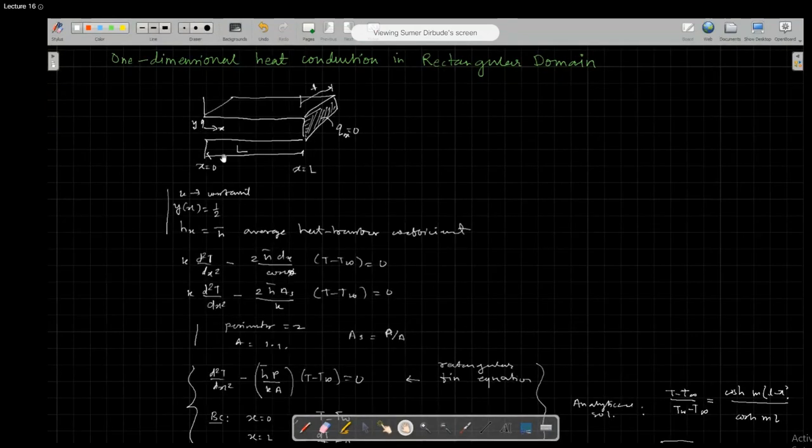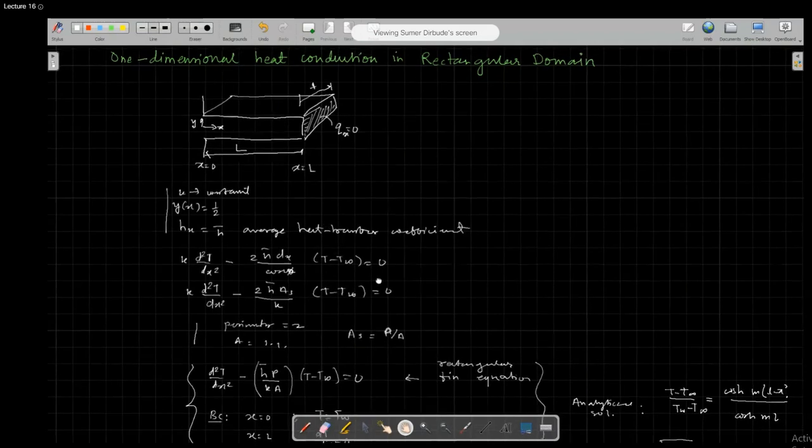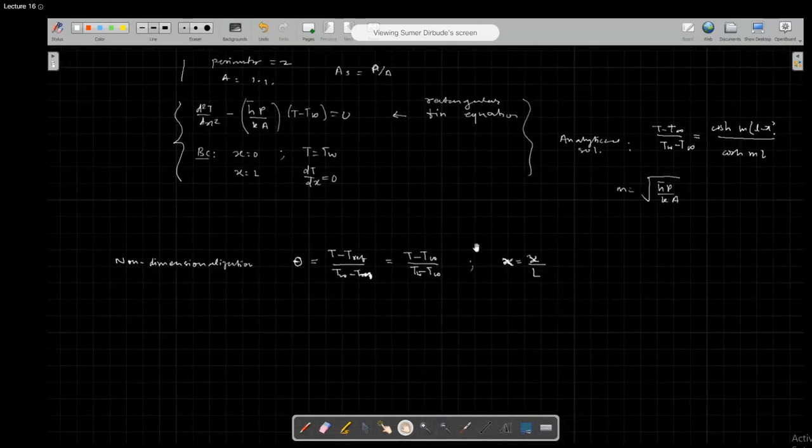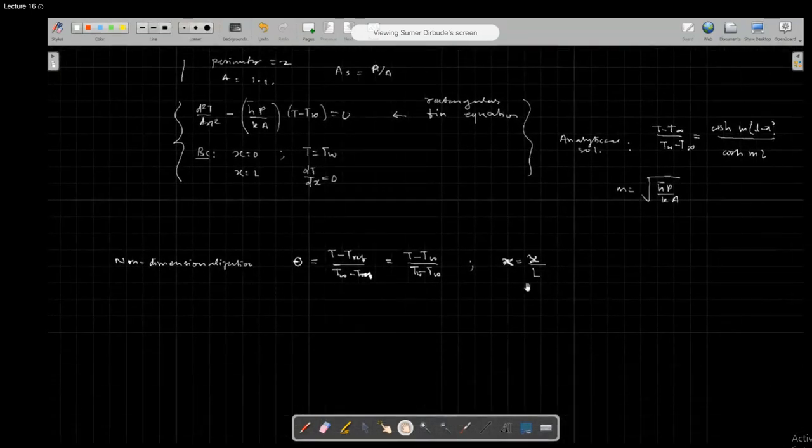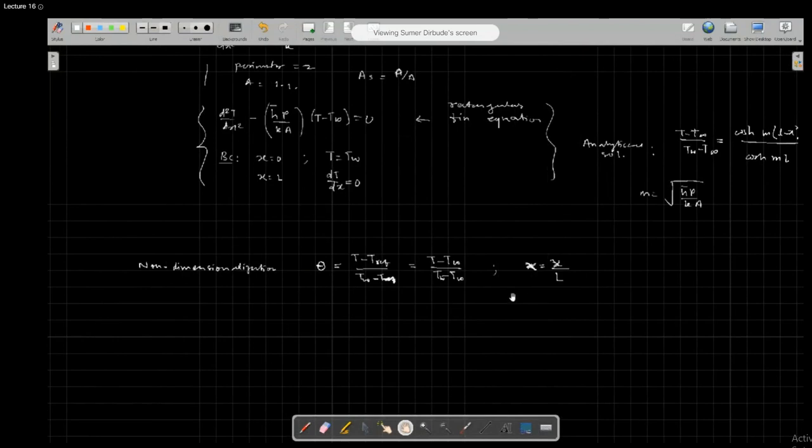Heat is transferred in this direction, so much of the changes are happening in L. So L is a characteristic dimension, not the Y direction, because in the Y direction not much changes. So L is considered the dominant and characteristic dimension.